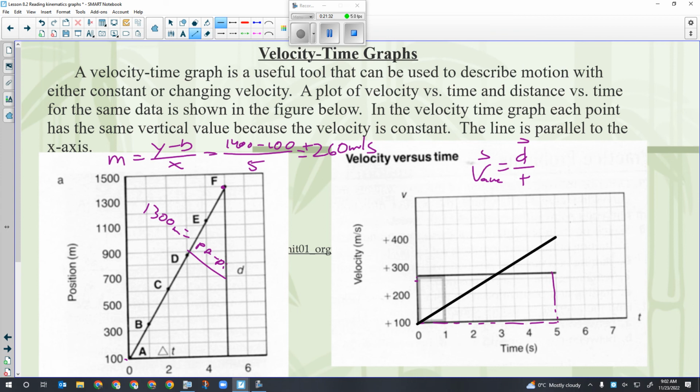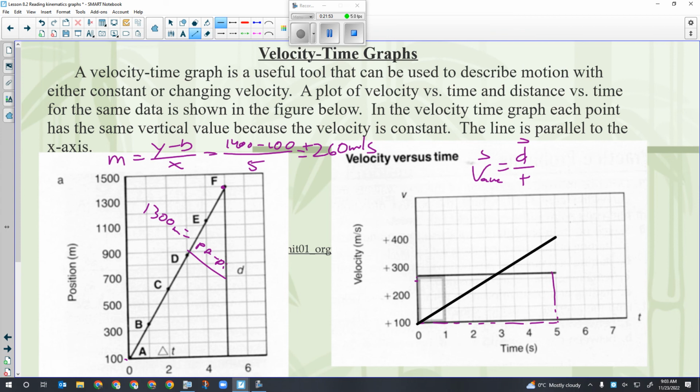Acceleration is the rate at which you change your velocity. Could I calculate the acceleration, the rate at which my velocity changes? That's a weird question, right?